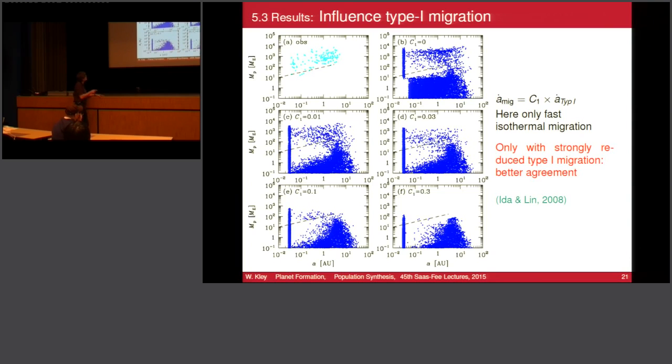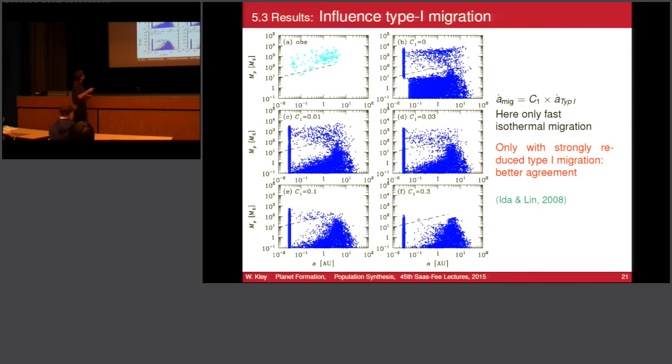Only with a strongly reduced type 1 migration do you get agreement for these planets which are out here. That's what you want to match. If you have large type 1 migration, you don't get any more planets here. They all move inside. When you lower it, you suddenly get lots of planets out here which are observed. So to reduce the number of hot Jupiters that are produced and to keep those planets out here, you need a strong reduction of type 1 migration.